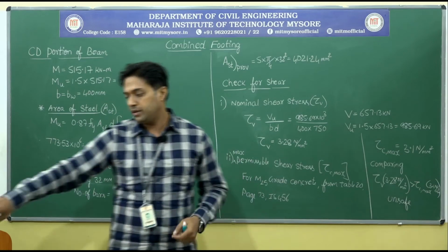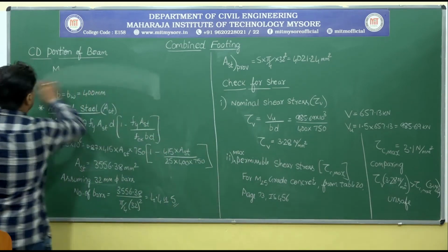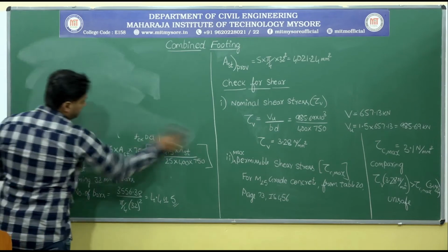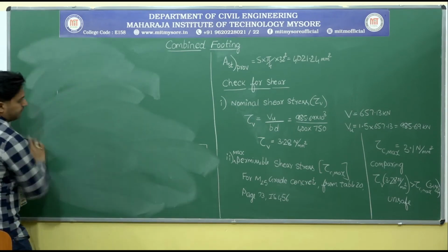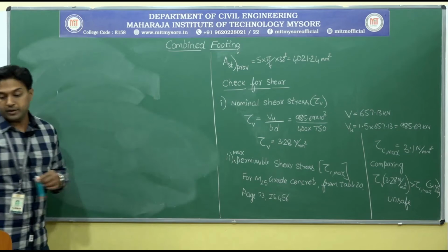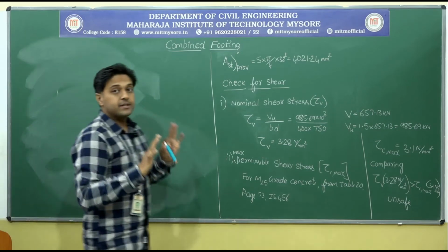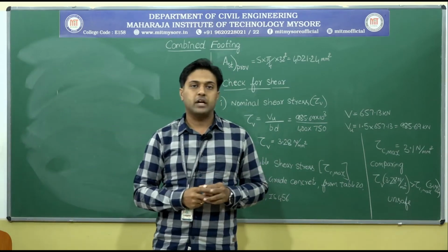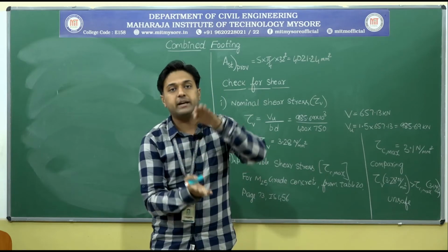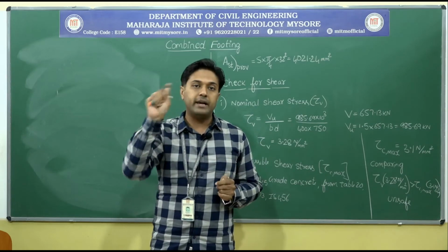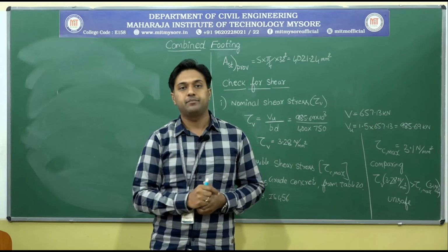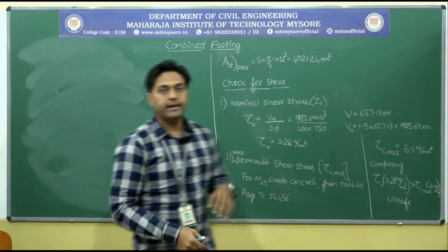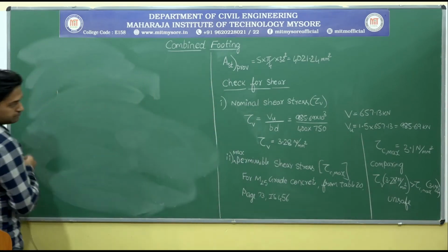So let me rub this part. As it is the shear portion, I will be increasing the depth. What is the small d value? It's 750 mm. Now observe.